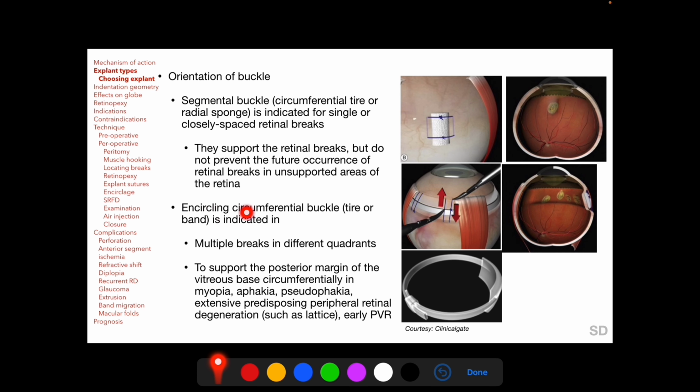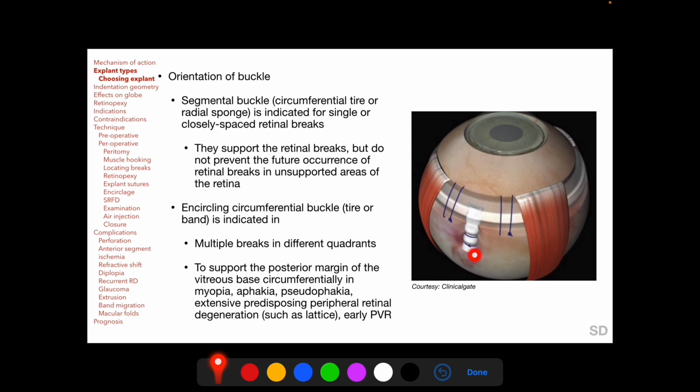And an encircling circumferential buckle, such as a tire or a band, is indicated for patients with multiple breaks in different quadrants and to support the posterior margin of the vitreous base circumferentially all around in eyes predisposed to future retinal break and retinal detachment, such as those with myopia, aphakia, pseudophakia, and extensive predisposing peripheral retinal degenerations such as lattice. And tires and sponges can be used together if required.